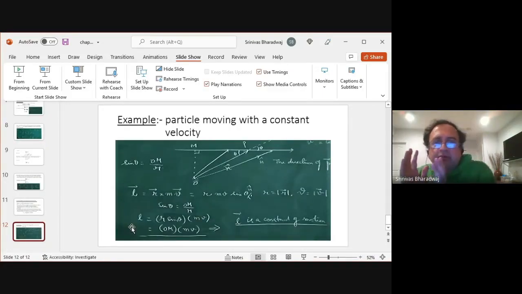Once we've gone through this set of ideas, we go on to the next set of relations, which deal with calculating moments. Why do we calculate moments?